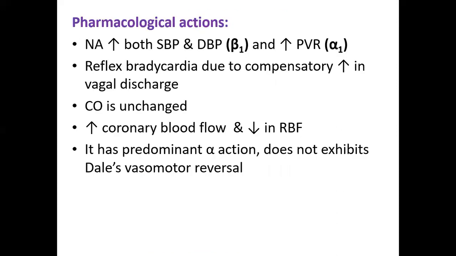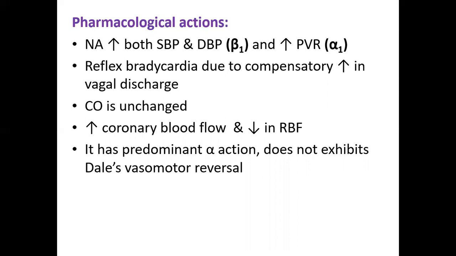Pharmacological actions: it mainly increases systolic blood pressure and diastolic blood pressure. Mainly the increase in blood pressure is attributed to action on beta 1 receptors, and there is an increase in peripheral vascular resistance because of alpha 1 receptors. We notice even reflex bradycardia due to compensatory increase in vagal discharge.